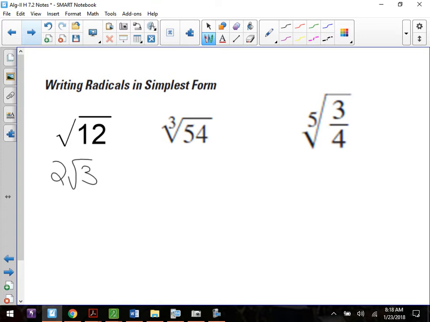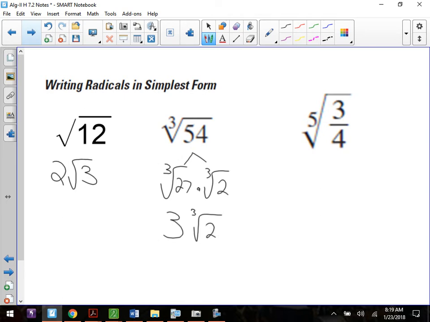If you're looking for a perfect cube that goes into 54, it's either going to have to be an 8 or a 27. It's 27, isn't it? 27 times what? 2. So you can split this apart into the cube root of 27 times the cube root of 2. So what is the cube root of 27? 3. So your answer would be 3 cube root 2.